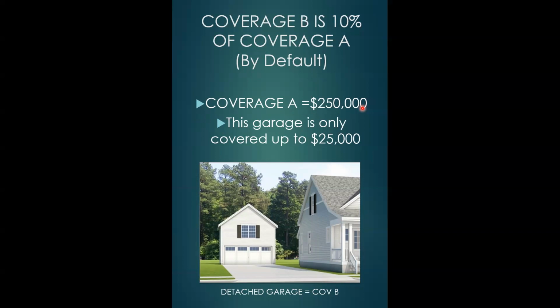Then by default and automatically, all of the coverage B will be subject to a limit of $25,000. 10% of coverage A is the default budget for all coverage B, garage and that slab and a lot of other things have to be covered under the coverage B policy limit. And the coverage B policy limit by default is 10% of coverage A. So if coverage A is 250,000, coverage B by default is 25,000.